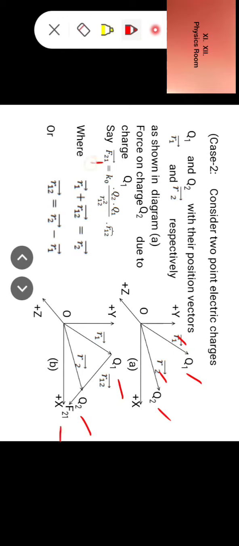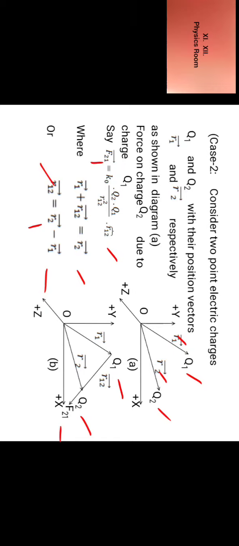F21 is equal to K naught Q2 into Q1 divided by R12 square into unit vector R12, where vector R1 plus vector R12 is equal to vector R2, or vector R12 is equal to vector R2 minus vector R1. This is how we can express the force on one charge due to another charge in vectorial form.